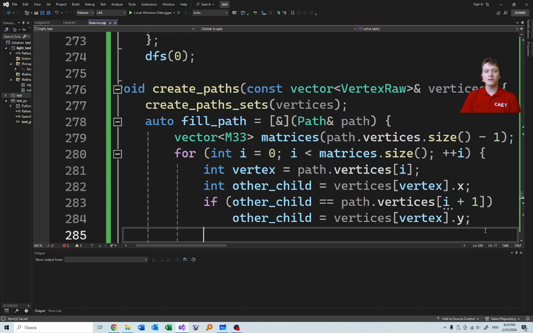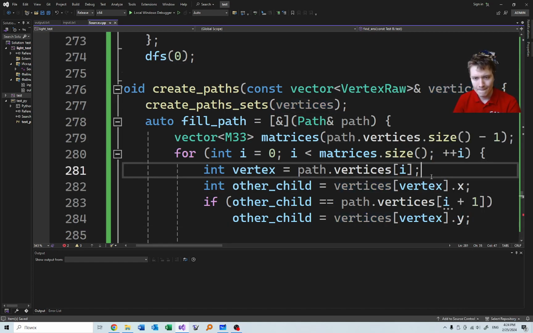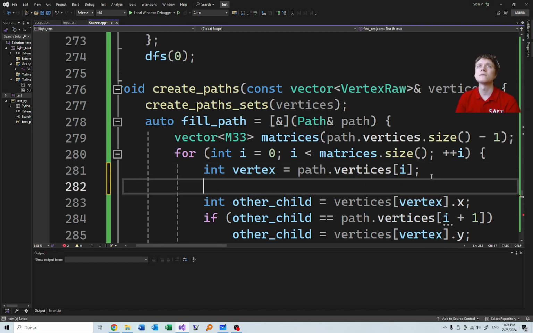Okay, now we have the other child. Okay, let's also store if our other child is left or right.